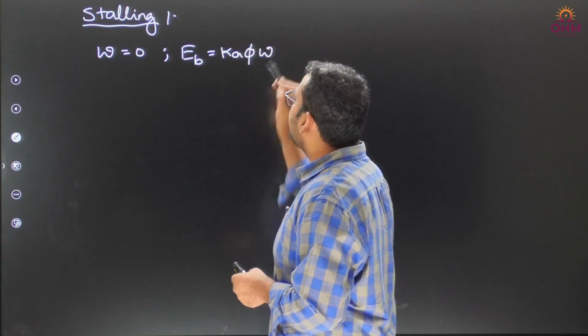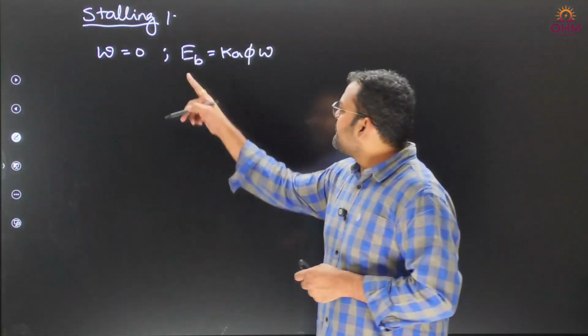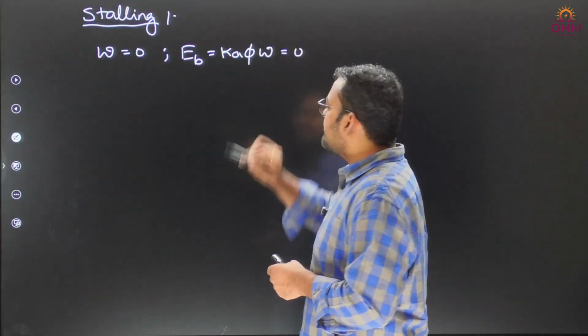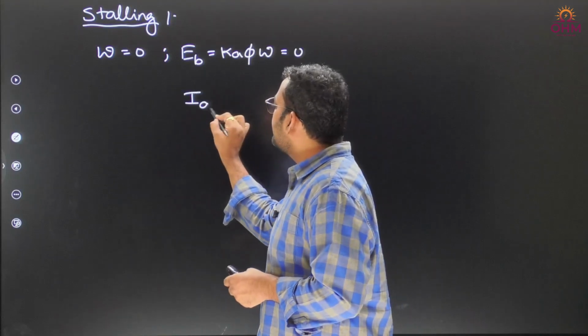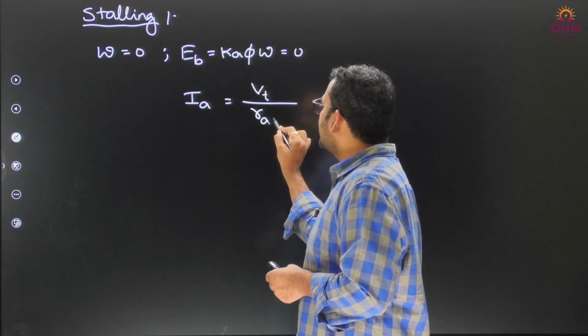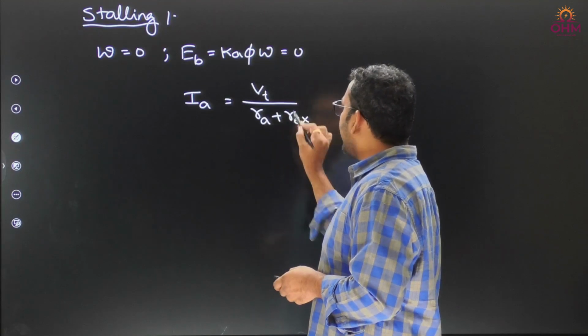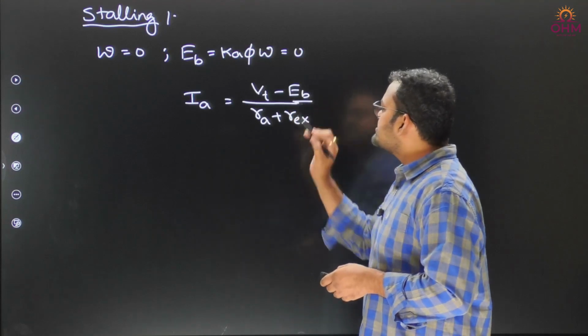What is the formula for back EMF in a DC motor? Ka phi into omega. If omega is 0, back EMF is equal to 0. If back EMF is 0, then what is the formula for armature current? It is simply Vt divided by Ra plus R external. Actually, the formula is Vt minus Eb, but here Eb is equal to 0.